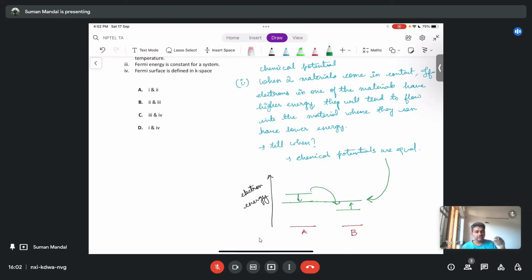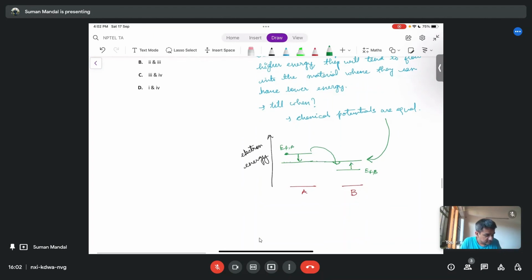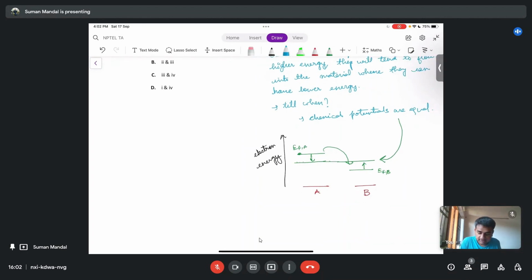Now, when these two materials are separate, what are these levels? These are the Fermi energies. Because what is Fermi energy? Fermi energy is the highest occupied level at 0 Kelvin.